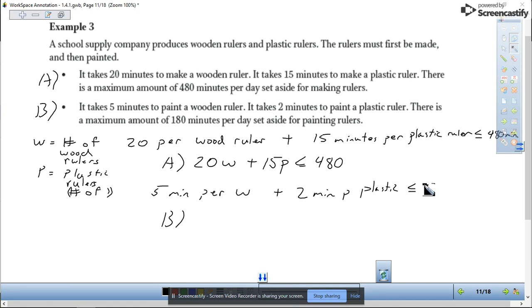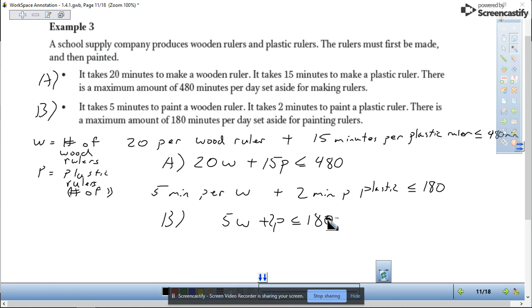And that has to be less than or equal to the 180. All right? So from there, we want to write that inequality out as well. So 5W plus 2P is less than or equal to 180.